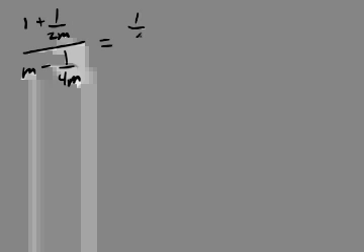It goes like this. 1 is the same as 1 over 1. We want to have a common denominator with the other fraction. So we can multiply it by 2m over 2m and add that to 1 over 2m.